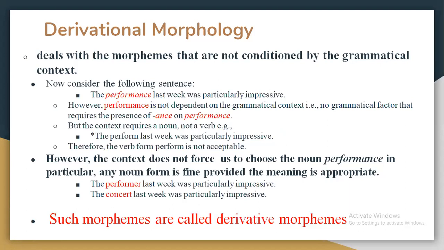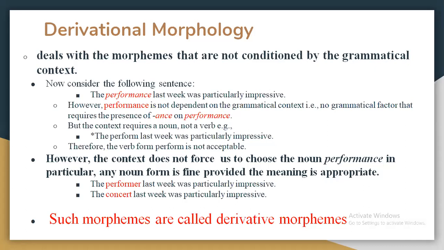What are the two conditions? No meaning change, no word class change? Derivational: there is word class change and meaning change, right? I think it changes class, both. Anybody else?